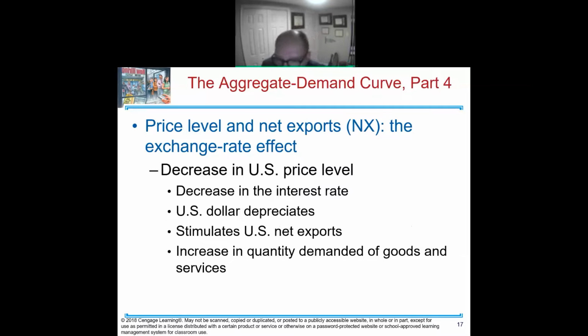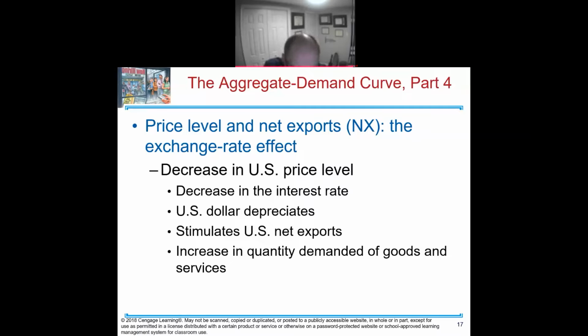But what about net exports? What happens when there's price changes and net exports? Let's say the overall price level in the United States goes down. What happens with net exports? Well, there'll be a lower interest rate, which means the U.S. dollar will go down.